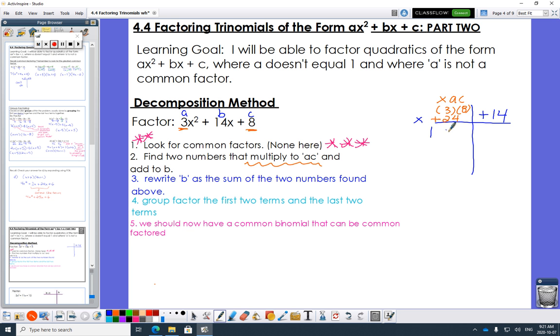Start at 1, 24. That's not going to get us 14. 2 and 12. We do 2 plus 12, 14. Okay, but you would just keep going. You could do 3 and 8, 4 and 6. But it has to, just like yesterday, multiply to AC and add to B.